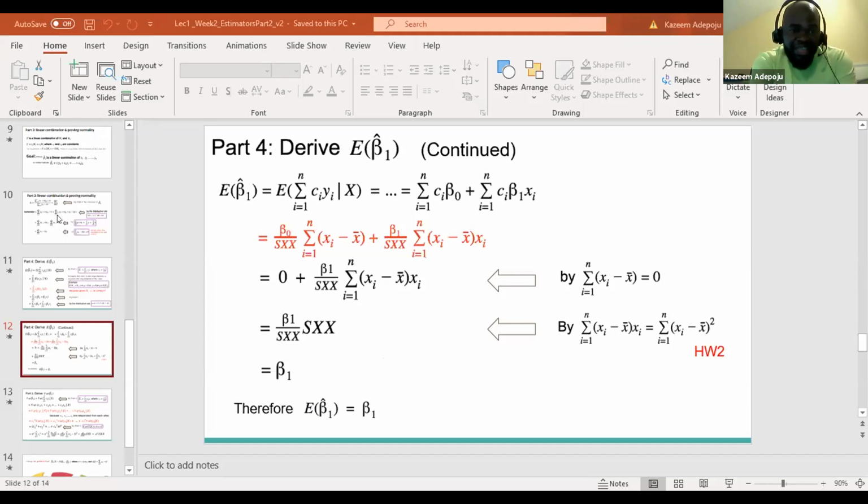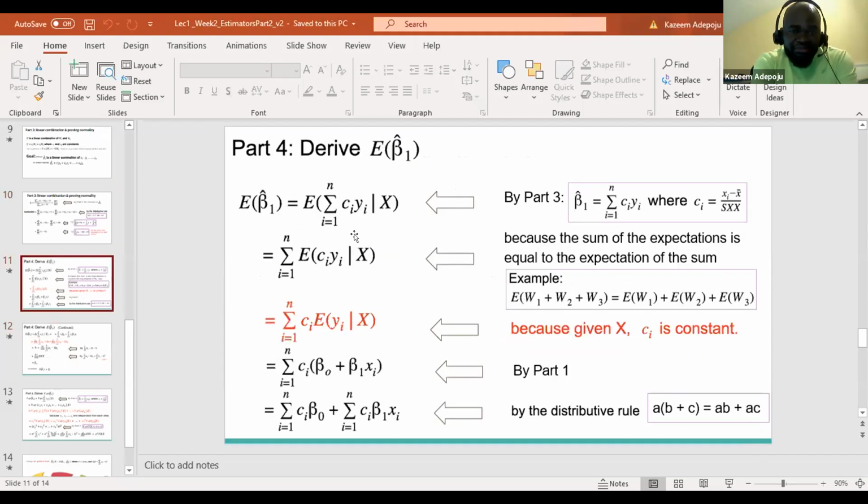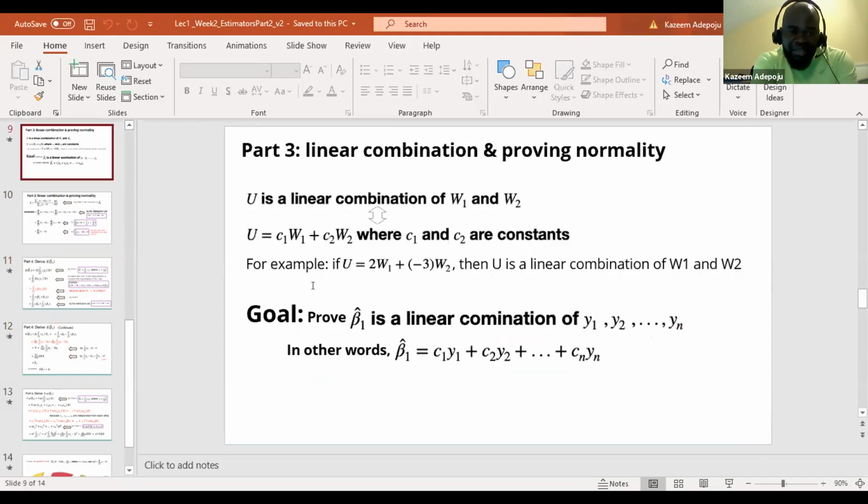Like I said, the proof actually starts from this slide. Let me say it starts from here, because I need you to know where I get my Ci from, and because you need the idea of a linear combination.